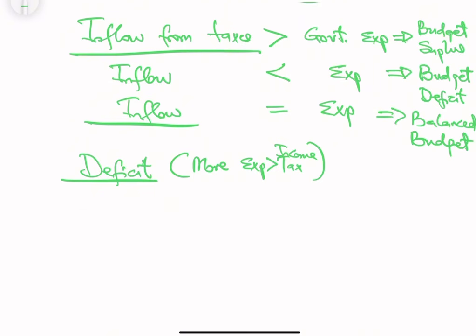And what does that mean for the objectives? Definitely, if you look at economic growth, the economy will grow because we are pumping more money into the environment.